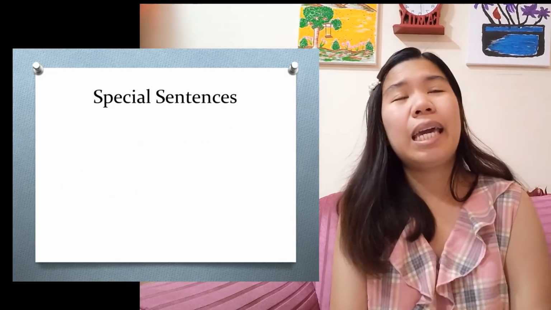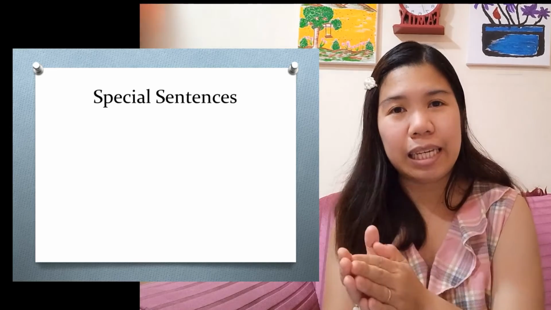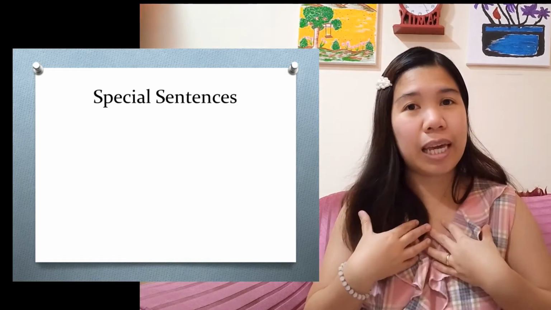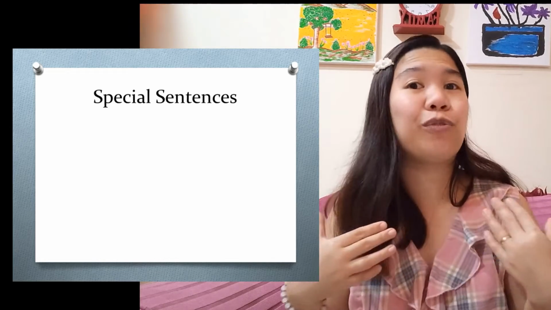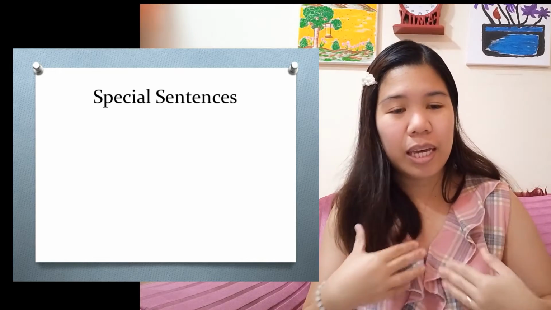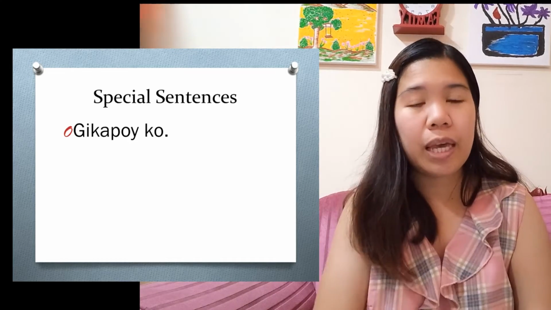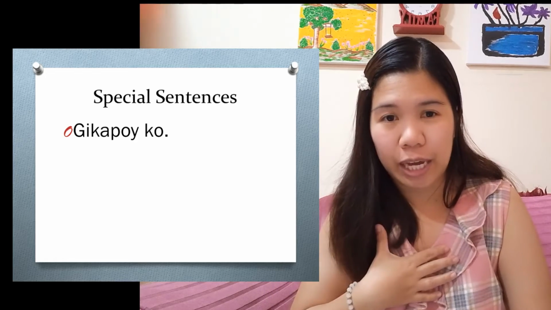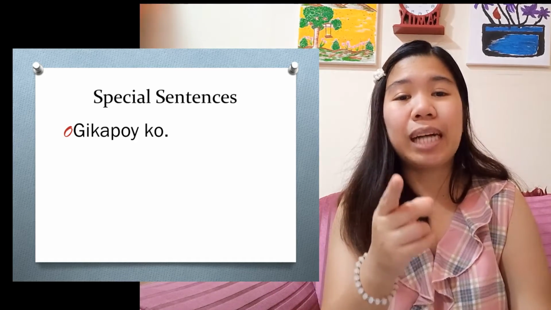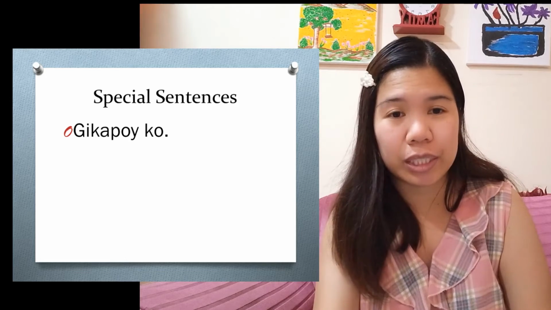By the way, you can also add gi to some words to state your feeling or state of being. Okay? So, example, when you say gikapoy ko, it means you are tired. It comes from the word kapoy, meaning tired.